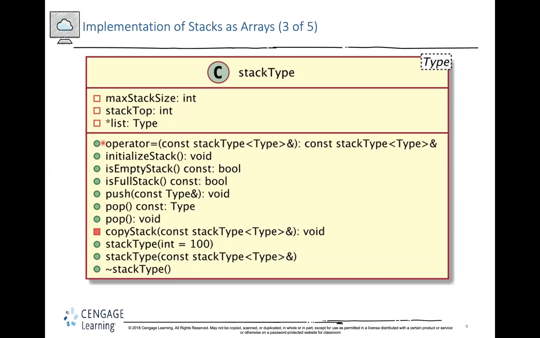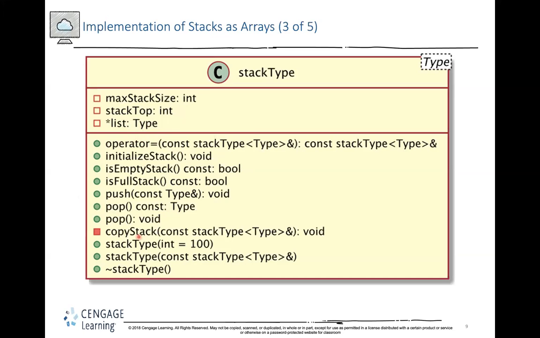And then we have some of the typical operations, obviously coming from the stack ADT. And then we have a couple of typical operations. We want to override the assignment operator because we have a raw pointer member variable, and we want to have a deep copy operation, not a shallow copy.